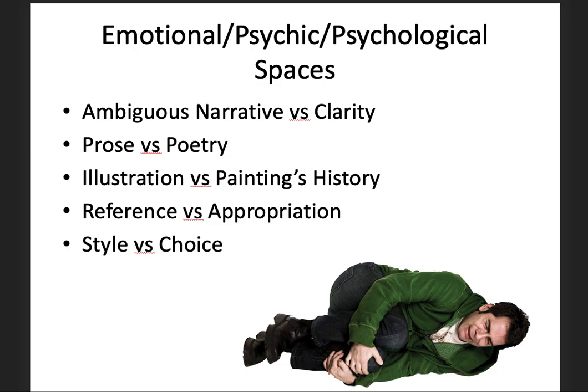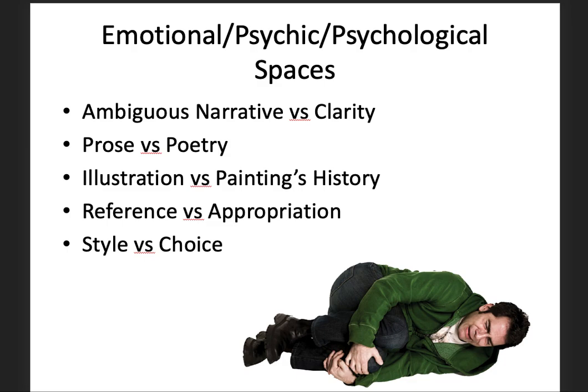We can use reference versus appropriation. So we can refer to something in history versus appropriating it, which is essentially stealing, right? And it's stealing with the purpose of recontextualizing it. So reference can be more of a direct thing. I make a painting after Turner, and it is a storm on a sea, right?